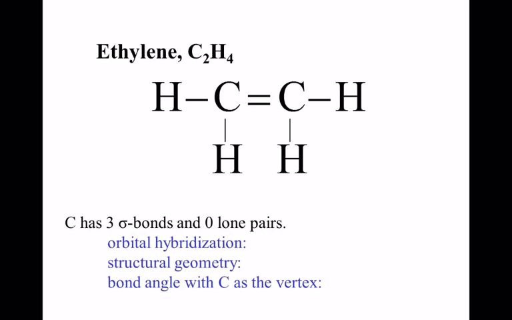So if we pick on either one of the carbons, because they're symmetrical, pick on the left one. If we count sigma bonds, of course these single bonds are all sigma bonds. If you have a double bond, one of them is sigma, the other is pi. So I got 3 sigma bonds, no lone pair electrons. So 3 plus 0 is 3. So I'm back to that middle row. So what is its orbital hybridization?